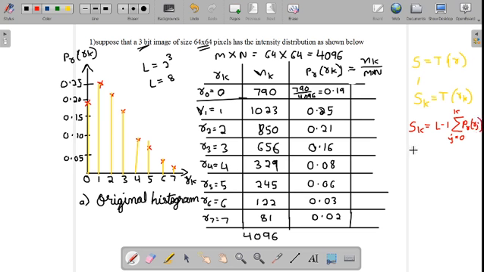So this is the formula: sk equals (L minus 1) times the summation, j equals 0 to k.